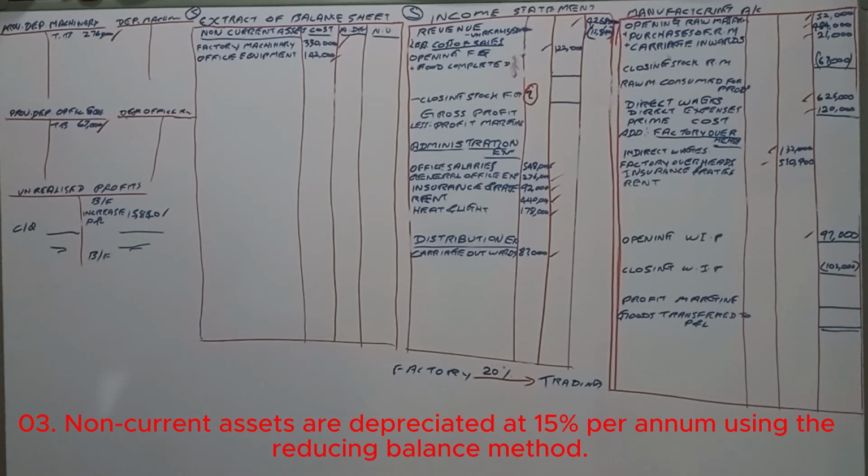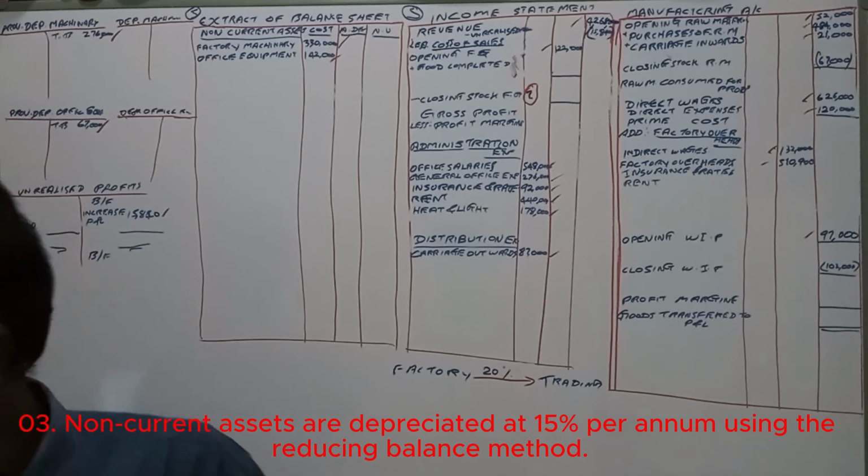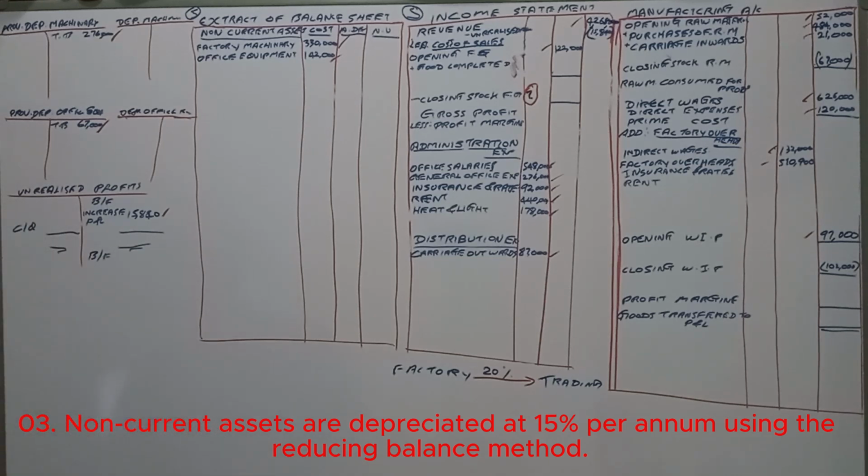Right? Then 54,000 is the balance. On the balance, we have to charge 15%. That is 8,100, right?